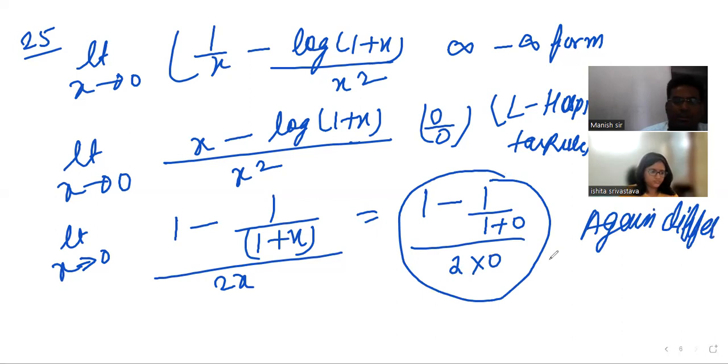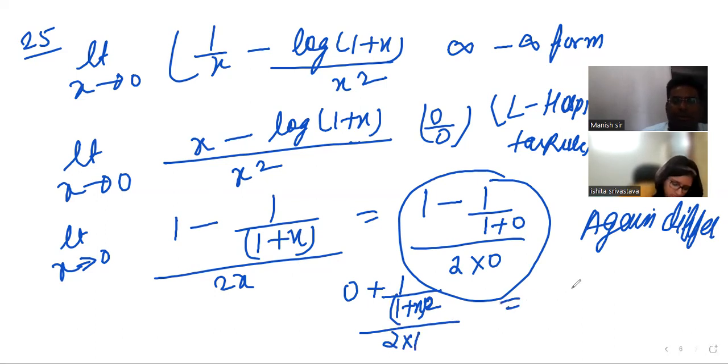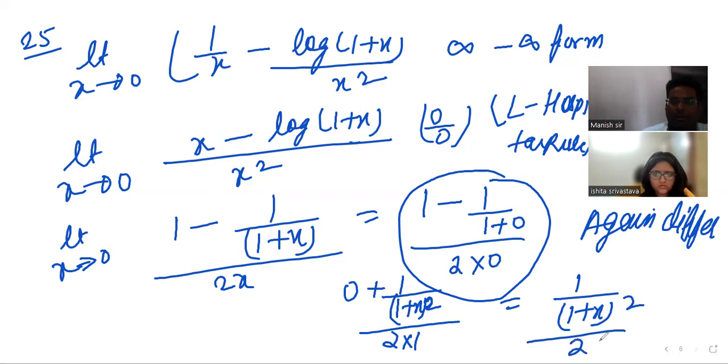So 1 will be 0, and minus of 1 upon 1 plus x whole square will become plus, and the denominator will become 2 into 1. So your answer is 1 upon 1 plus x whole square divided by 2. After putting x, you will get 1 upon 2 as the answer.